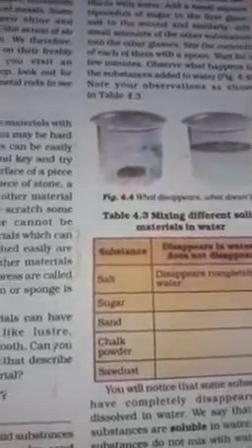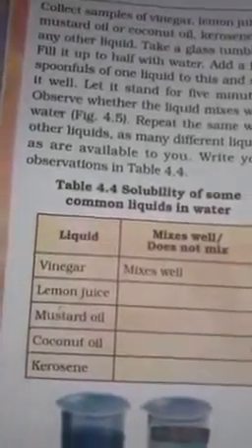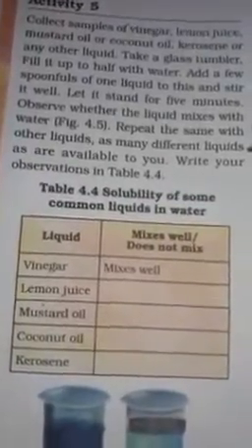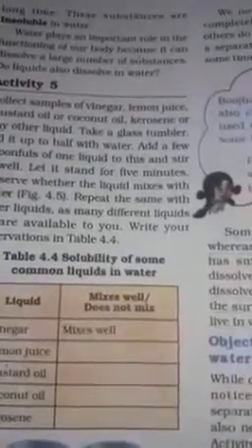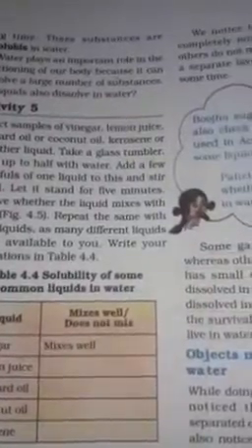Then what about liquids? In activity 5, we can see 5 liquids such as vinegar, lemon juice, mustard oil, coconut oil, kerosene, etc. Take 5 glasses as we have done in the previous activity. Take water also in them. Pour a spoonful of each liquid to each glass.